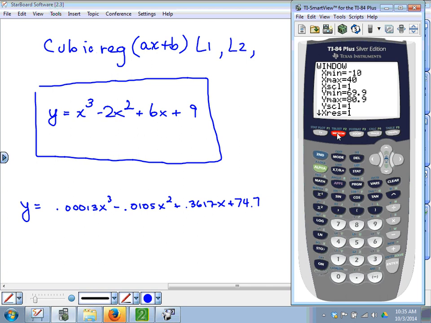So you got to change your X max to something a little higher to type in higher values. So I put mine at 40. And then you hit graph. And then if you hit trace, now you can type in higher values of X, like 16 or 22 or whatever.